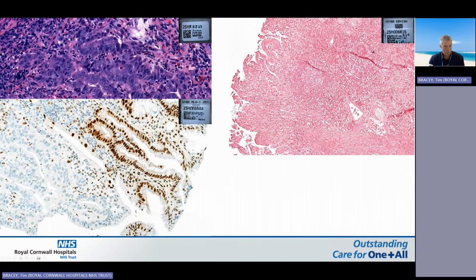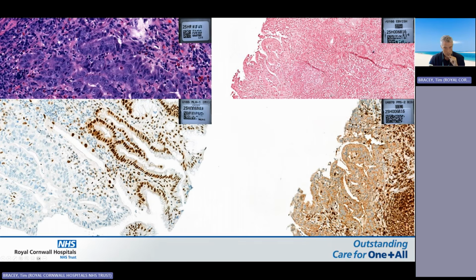You do MMR-IHC, and this was MLH1 and PMS2 deficient. So MSI high or MMR deficient gastric cancers are almost invariably sporadic. However, if this was in a younger patient, I'd obviously consider Lynch syndrome.